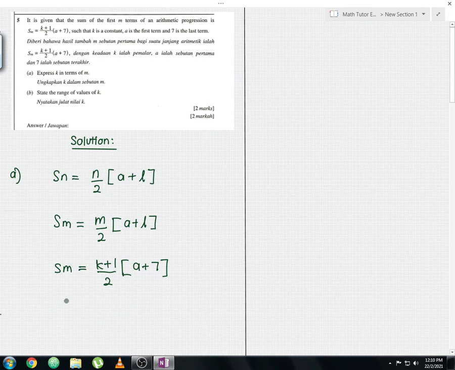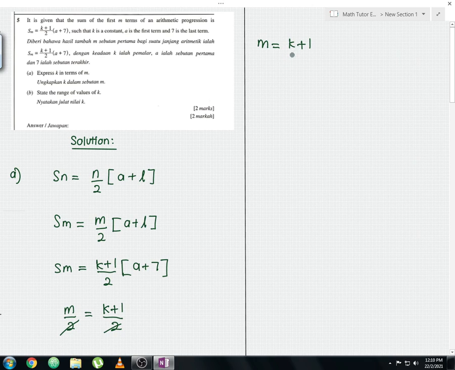So from here m over 2 is equal to (k + 1)/2. The 2 and 2 we can cancel out, so you are only left with m equals k + 1.